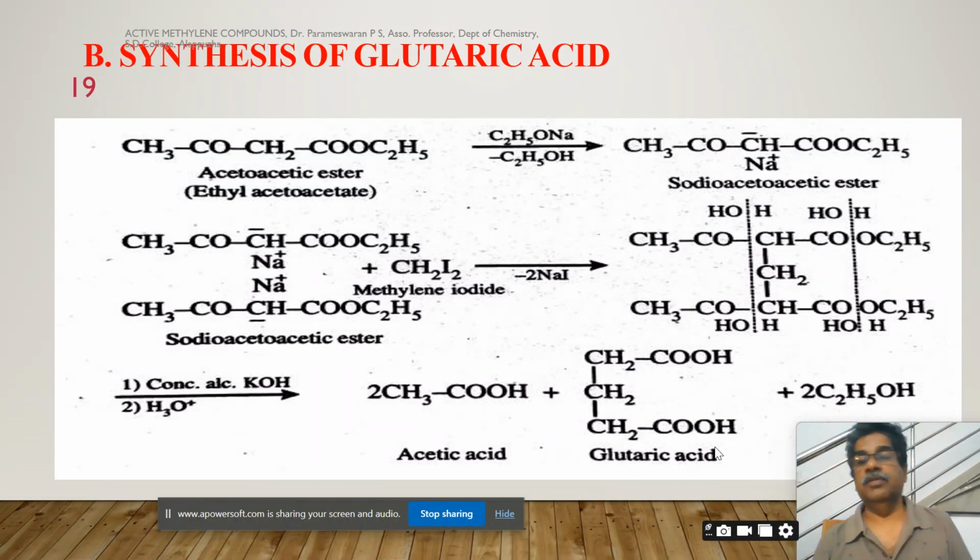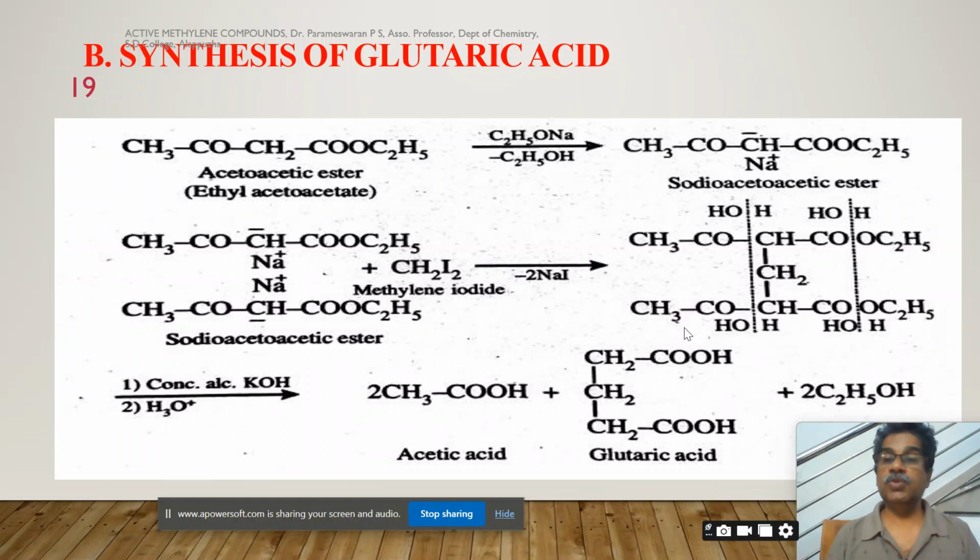Then another one, you can synthesize glutaric acid. The only difference between succinic acid and glutaric acid is that between the two CH2COOH groups, there is one more CH2. Isn't it? Succinic acid is CH2COOH, CH2COOH, and here there is a difference. There is no difference in the synthesis, but instead of I2 use CH2I2, because we need a CH2 group.